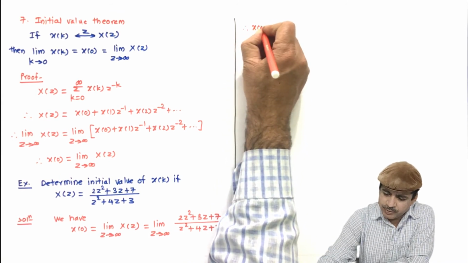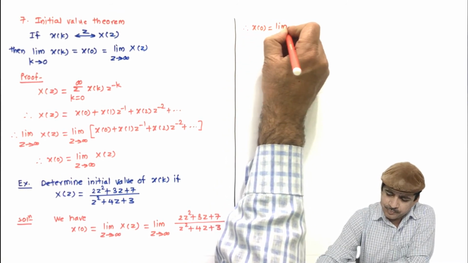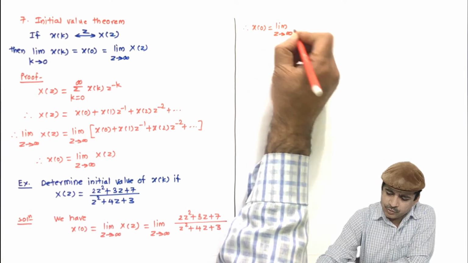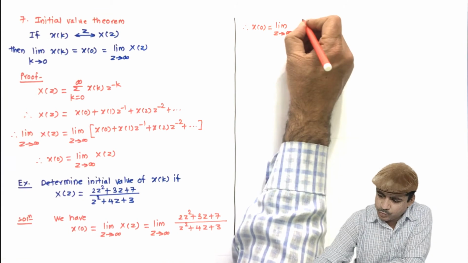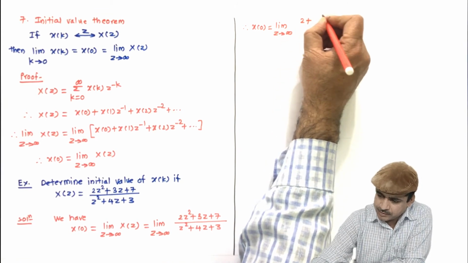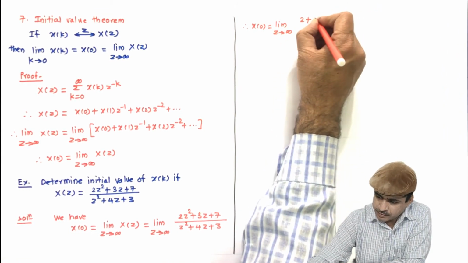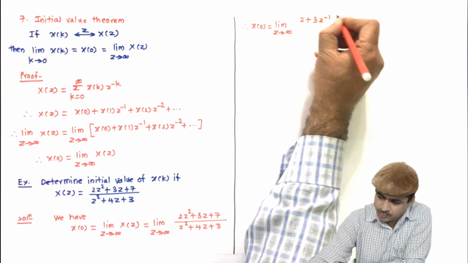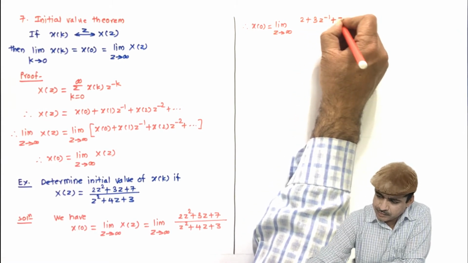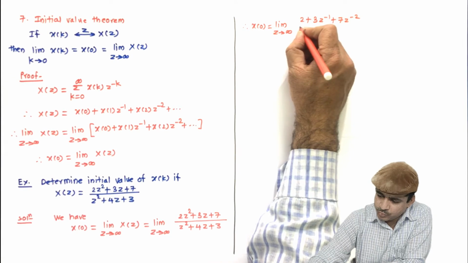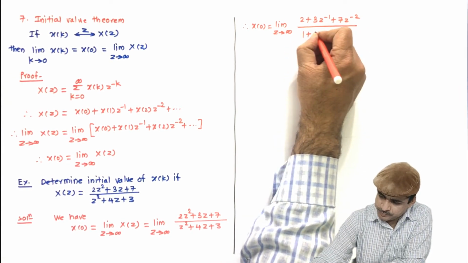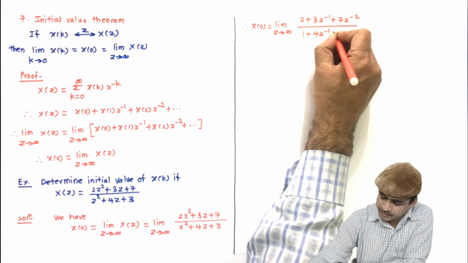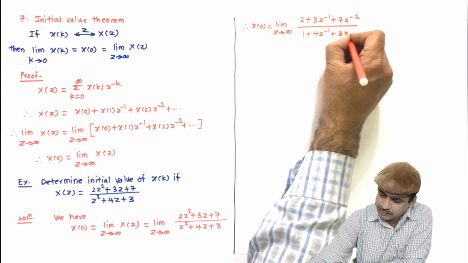So then x of 0 becomes limit z tends to infinity, 2 plus 3z raised to minus 1 plus 7z raised to minus 2 divided by 1 plus 4z raised to minus 1 plus 3z raised to minus 2.